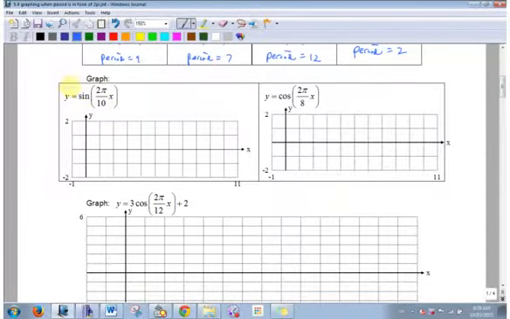How do I graph this thing? How far up or down do I go? Let's write it like this: 1 sine 2 pi over 10 x minus 0 plus 0. Is that the same thing? Yeah.